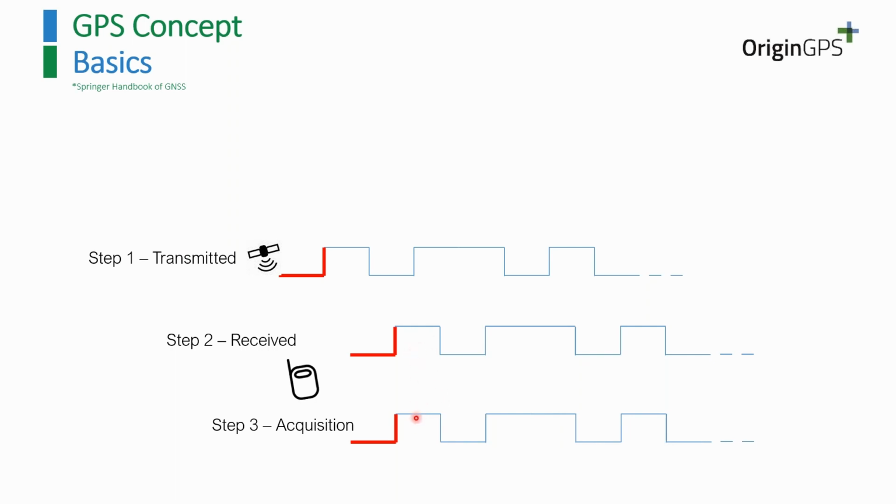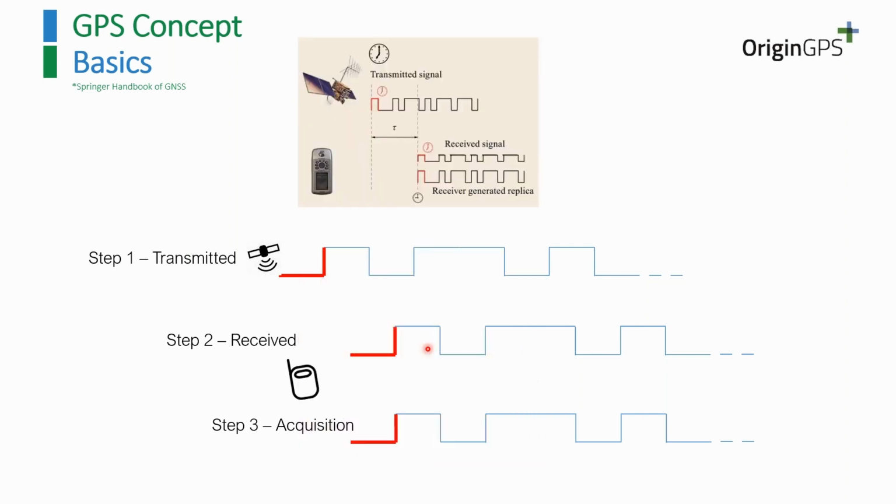So now we can see that the acquisition part finished, and we can start with the calculation. What is the method of the calculation? So we have here satellites transmitting information, and the receiver received the signal and made a replica of this signal. So now we can calculate the time difference. If we calculate the time difference, we can know the distance between the satellite and the receiver.